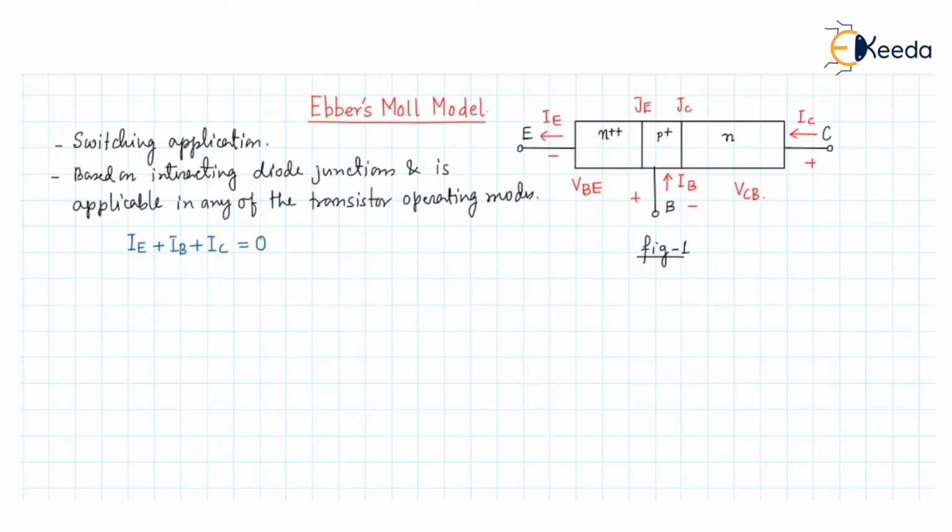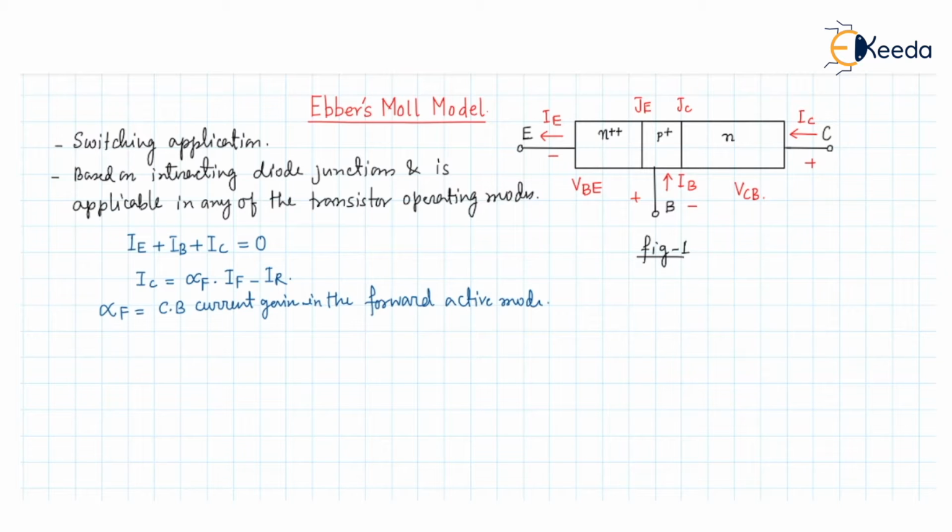The collector current IC can be defined as alpha F into IF minus IR, where alpha F is the common base current gain in the forward active mode.